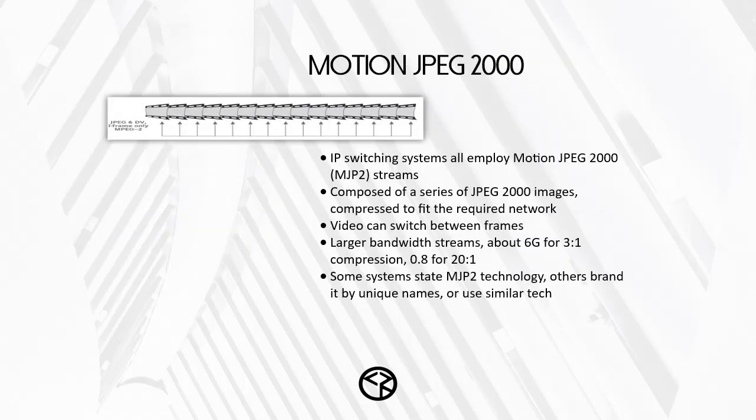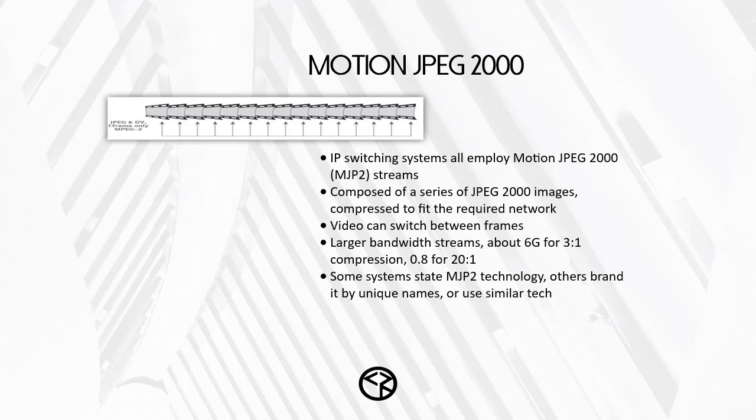Motion JPEG 2000 is pretty much like it sounds. It's a stream made up of individual JPEG 2000 streams, compressed to fit the need of the network. It was originally designed for archiving so that films could be stored in less space without losing original quality, and for video production, again, having smaller files, the ability to go back to the original and switch between frames for video switching applications.